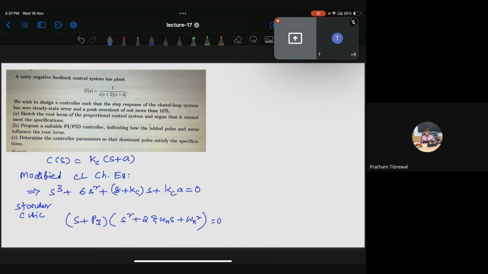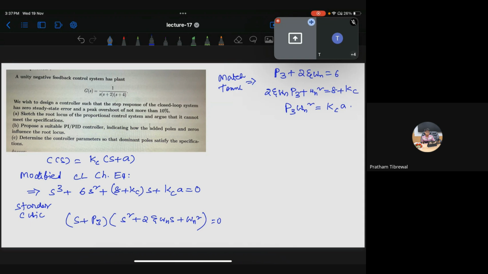Matching the terms on both sides will give us p3 plus 2 zeta omega n is 6, 2 zeta omega n p3 plus omega n square is 8 plus Kc. The last one, p3 omega n square, is Kc A.